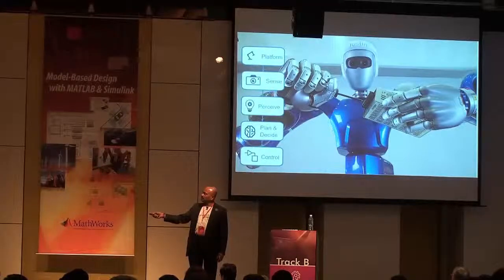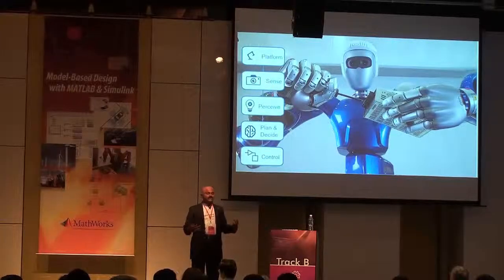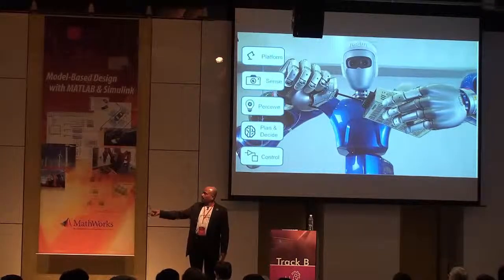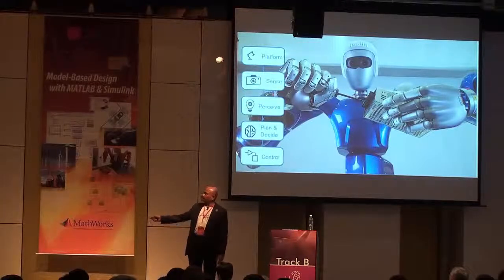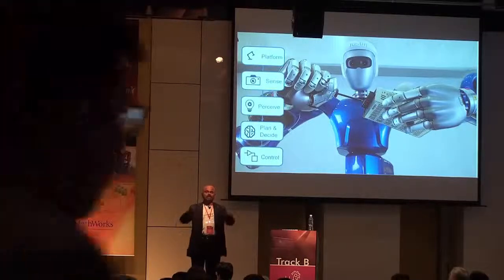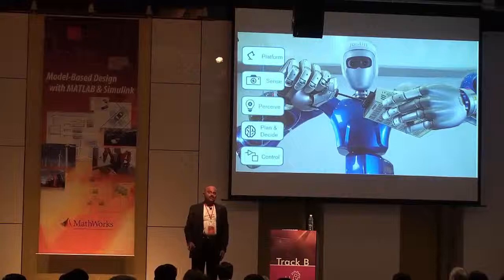Platform, sensing, perception, planning and deciding, and controls. And whatever tools or techniques that you will use, they need to span this complete spectrum. Otherwise, if you get a tool that's only good at one of these, but not at the other elements, it will be very hard for you to develop an overall optimized system.